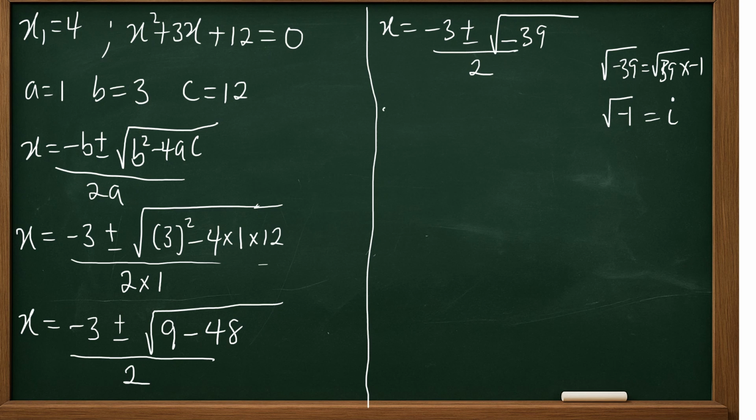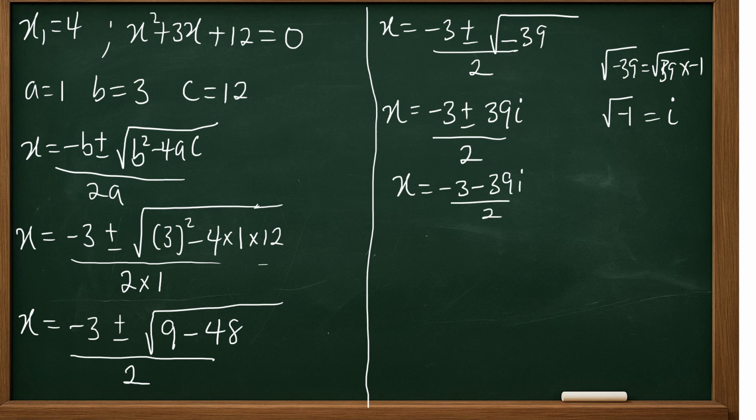So here I'm going to have x to be equals to negative 3 plus or minus square root of 39 i. This is a complex number over 2. Here we can say x equals to negative 3 minus square root of 39 i over 2, or you can say that negative 3 plus square root of 39 i over 2.